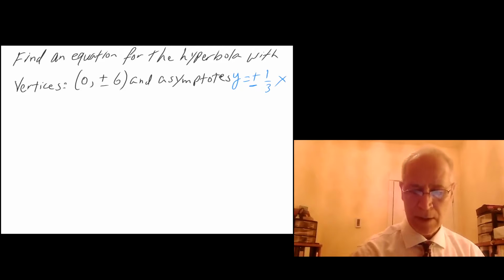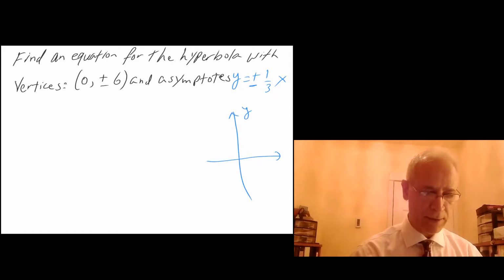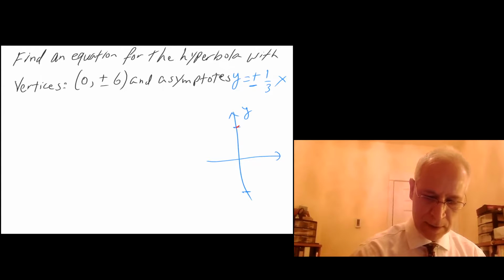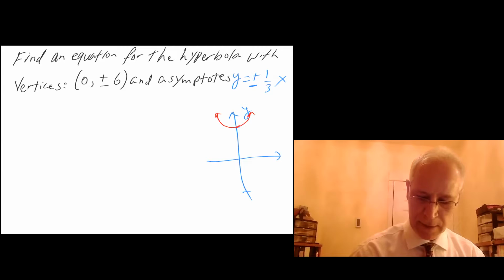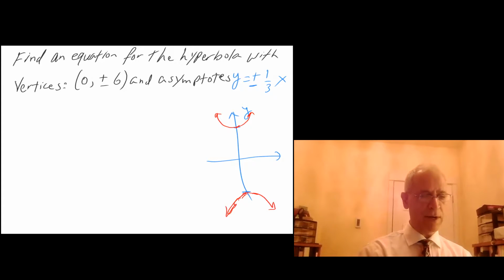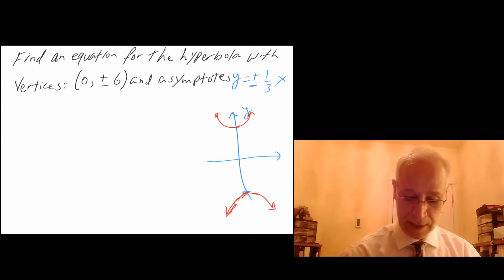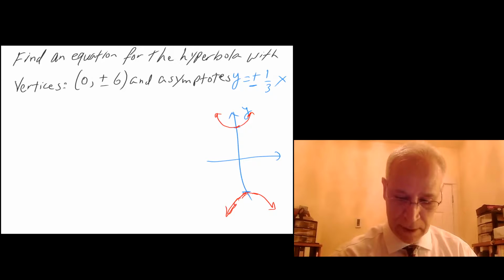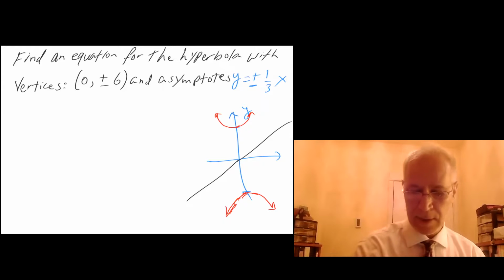Okay, so if this is the x and this is the y, just a general sketch, I have the vertices at 6 and -6, so I know the hyperbola is going this way and this way. And what else do we know? I know the equations of the asymptotes, something like this for 1/3 x and something like this for minus 1/3 x.